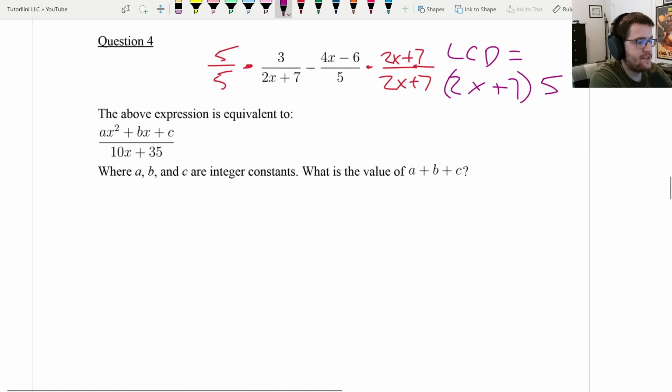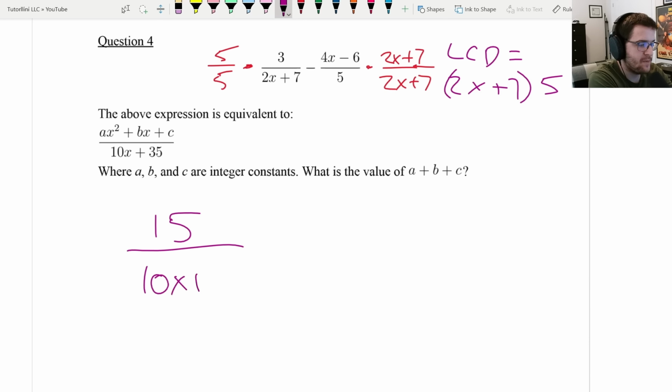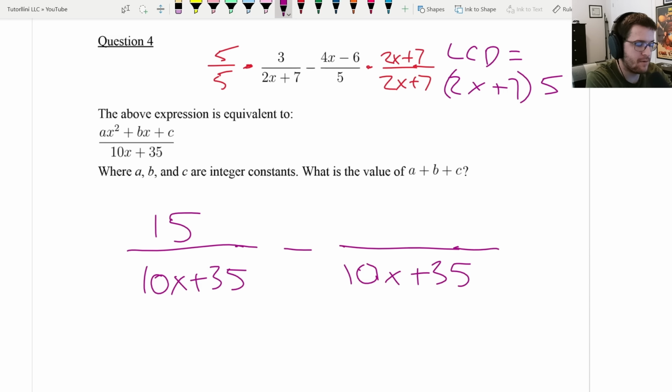So 5 times 3 is 15. 5 times 2x plus 7 is 10x plus 35. You can see where that's coming from in the answer choices. We're going to do minus. 5 times 2x plus 7, that's 10x plus 35 once again. And this is going to be a little bit of work, 4x minus 6 times 2x plus 7.